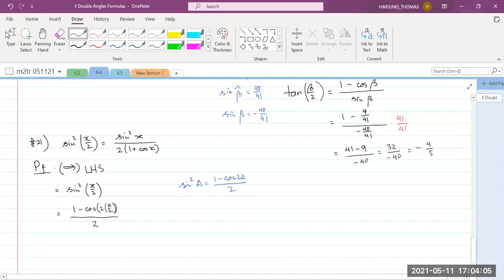Right, so that's 1 minus cosine x over 2. But it seems like I'm going nowhere. I don't get what I want, even though I think this is very simple. This is the simplest possible.